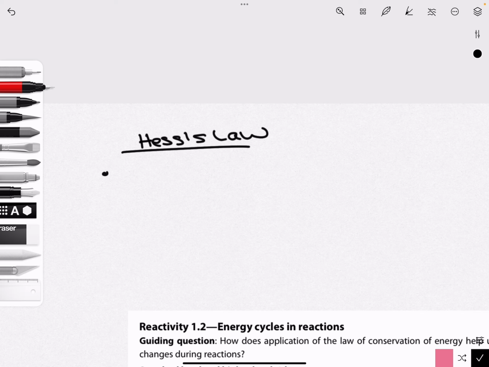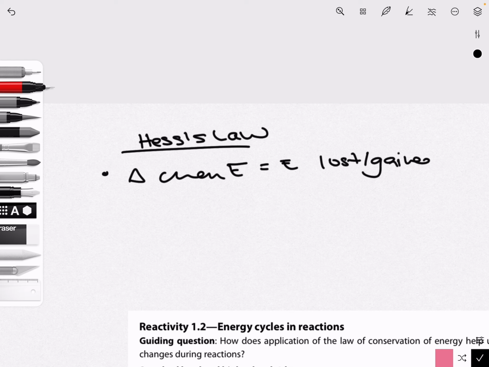So Hess's law is essentially this formula which we have just learned. It states that the total change in chemical energy is equal to that which is either lost or gained by the system. And this law is obviously very useful for us to predict the average changes in enthalpy in a reaction.